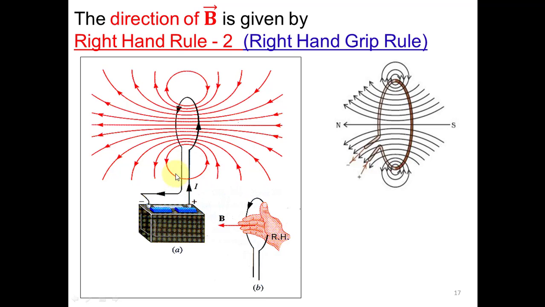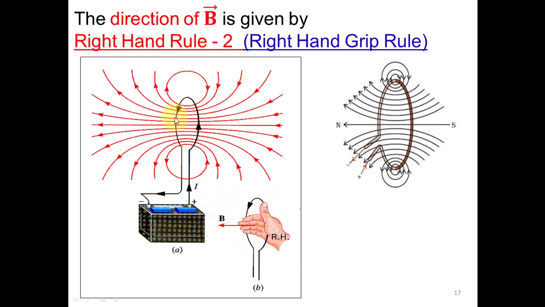Okay, how can we use this? We know that at each side of the coil, for the current out, that means current into the coil, the direction of the magnetic field will be anti-clockwise.